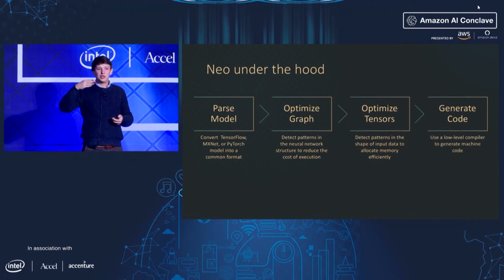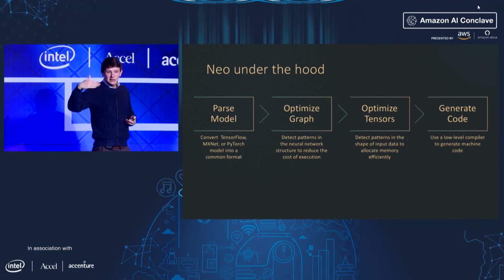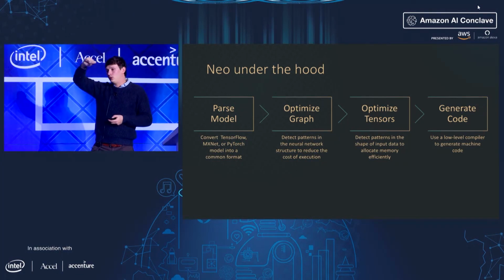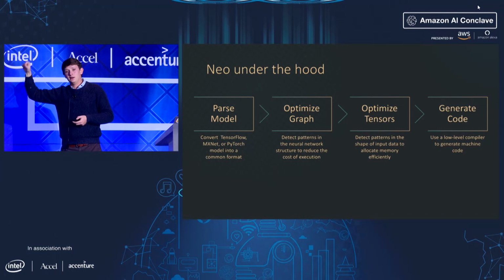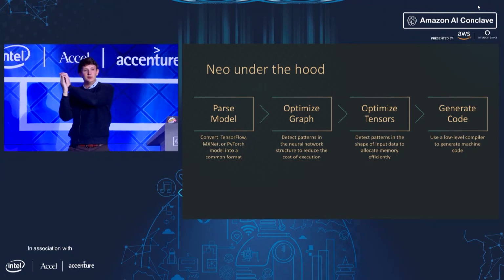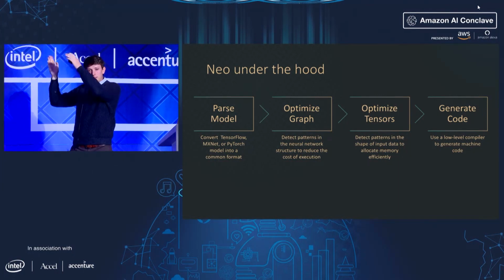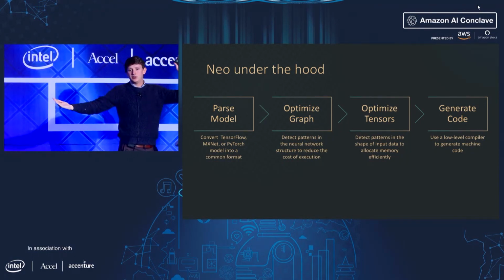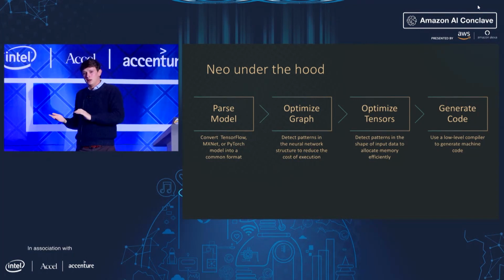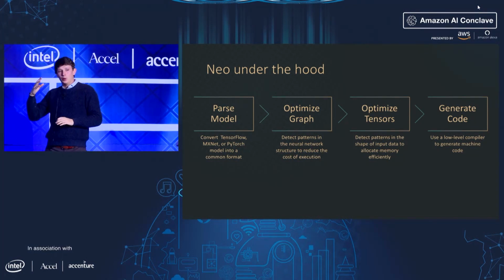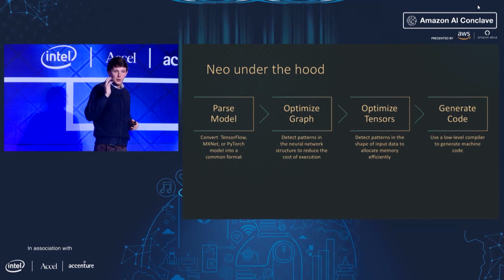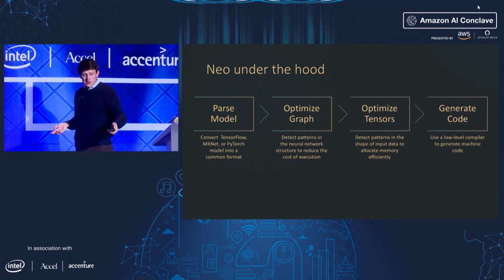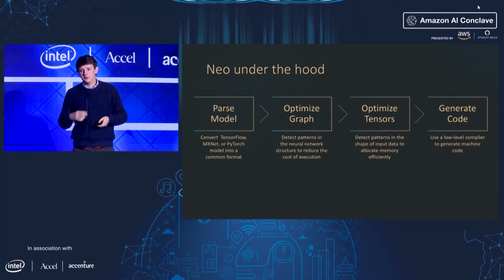When you do channel last, basically in the RAM, your memory is laid out as all your R pixels, then all your G pixels, and all your B pixels, because the memory is 2D. It's like a bitmap. But if you have RGB images, it's 3 dimensions, so you need some way to flatten it. Depending on how you flatten it, your cache access is going to be different, and that's where you can get massive performance improvements. So Neo looks at that and optimizes the tensors for speed.